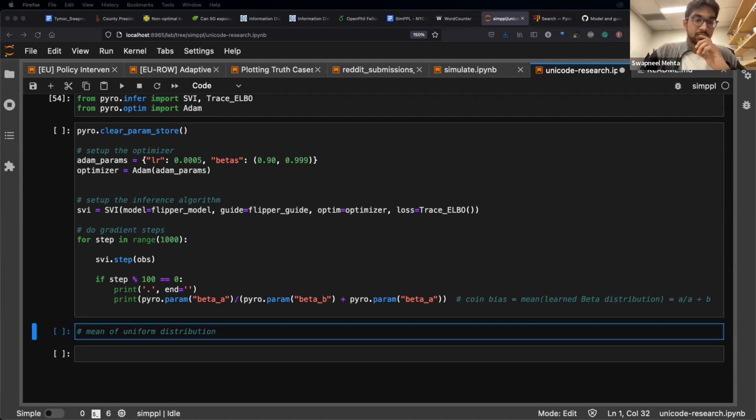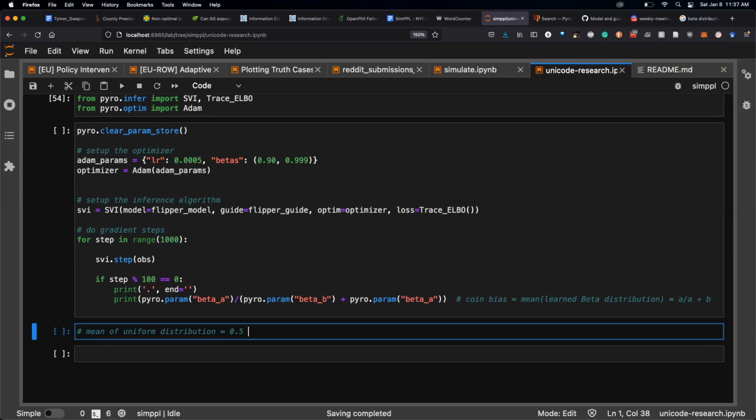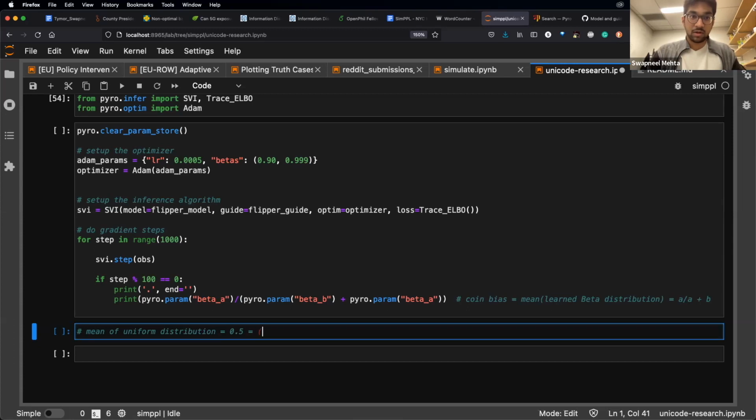Yes, you're right. The mean of the uniform distribution is 0.5. How did you get to this 0.5? Upper bound plus lower bound divided by 2, equal to 0 plus 1 divided by 2.